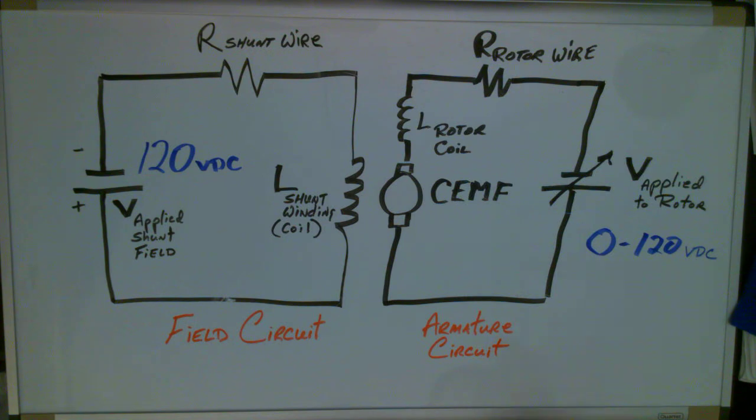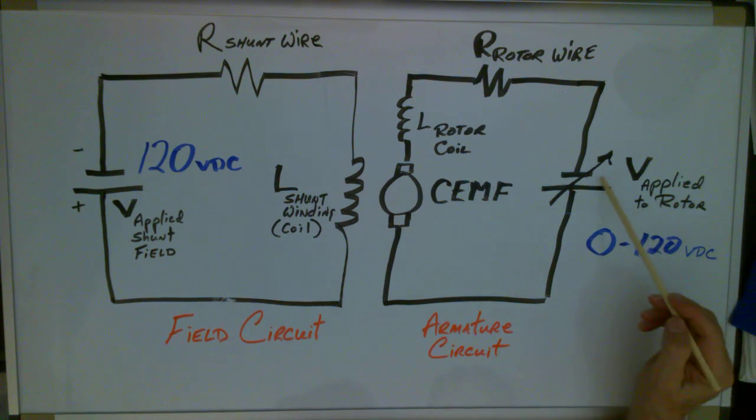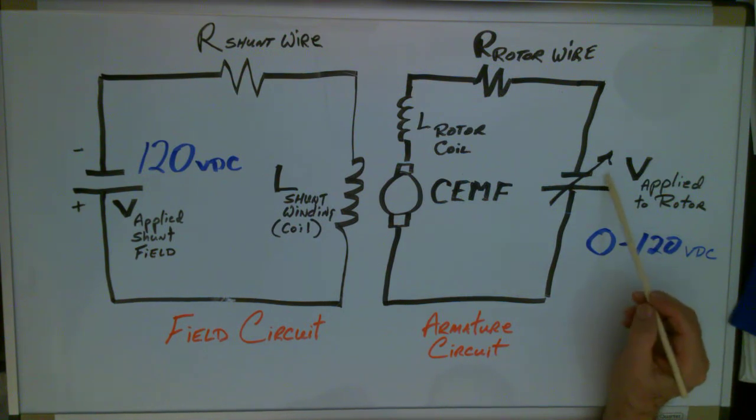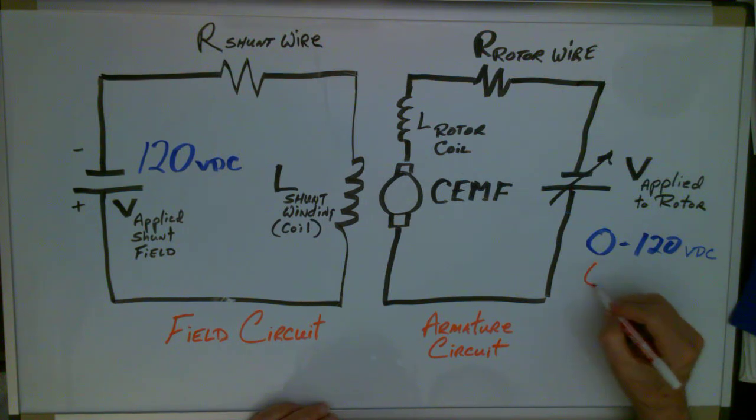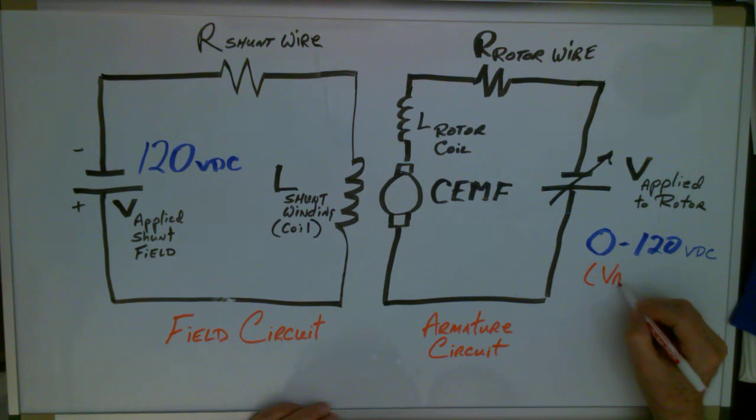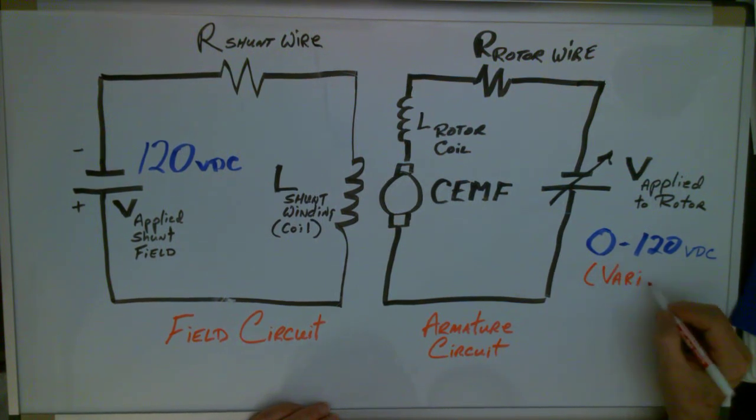Now in our trainer, instead of having a battery here, what we have is, what do you call it, not a rheostat, a variac. Excuse me. I'll put a note of that right here: we get that in our trainer by way of a variac.